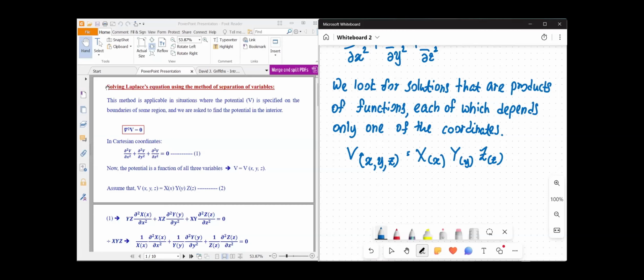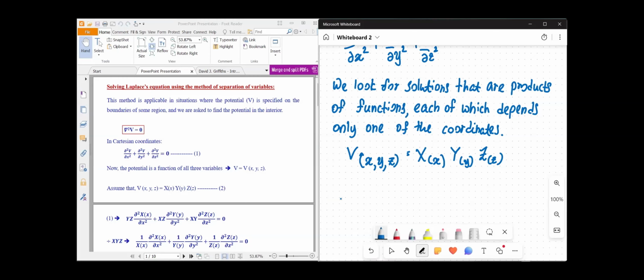This is the method of solving Laplace equation using separation of variables. Here we have separated the potential function into three functions: one only dependent on x, another only dependent on y, and another only dependent on z.